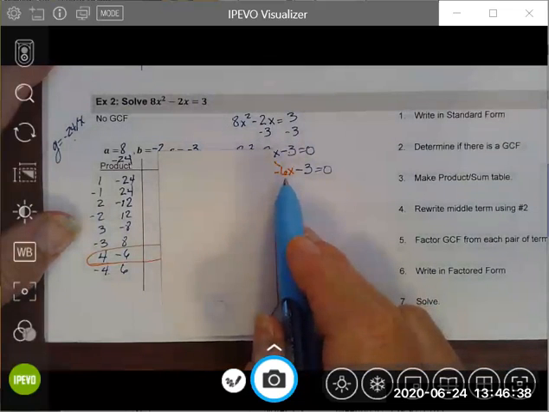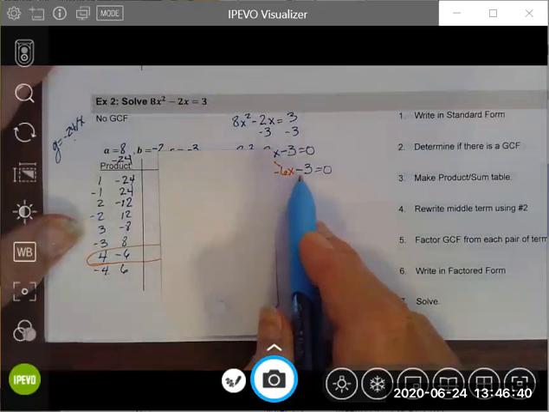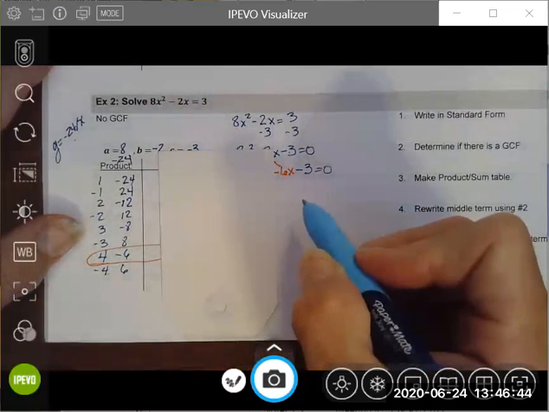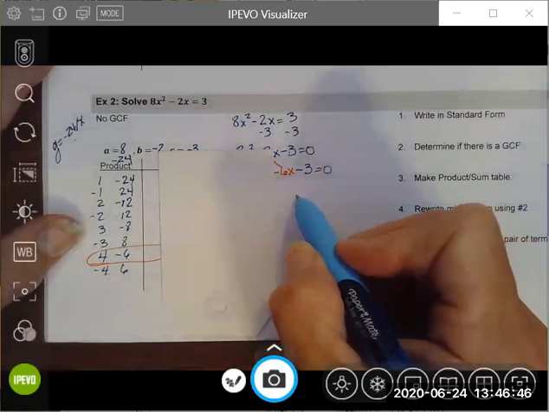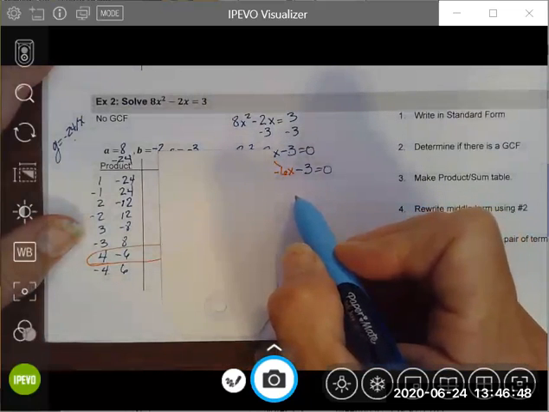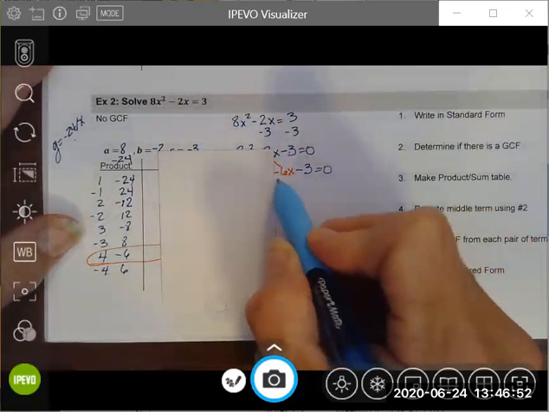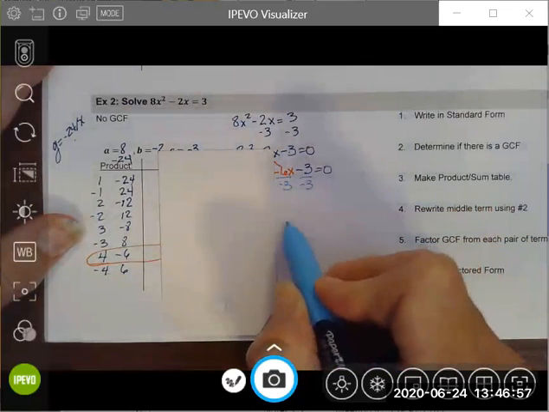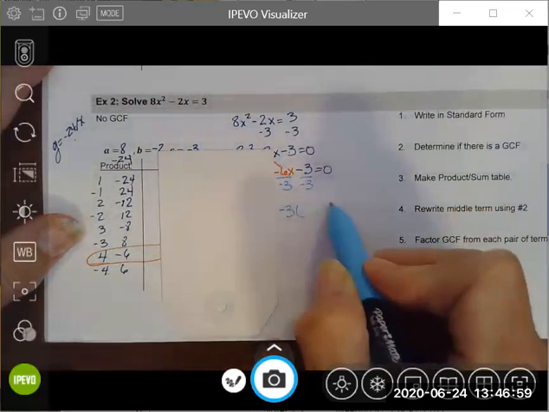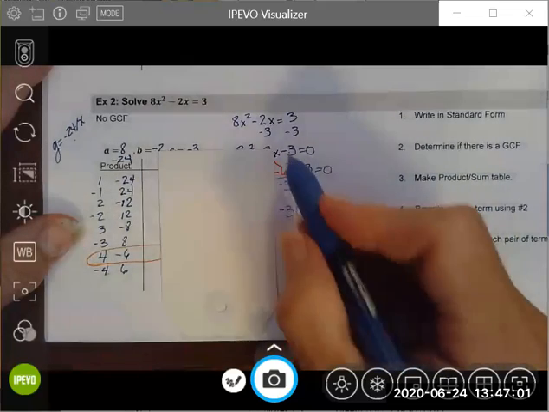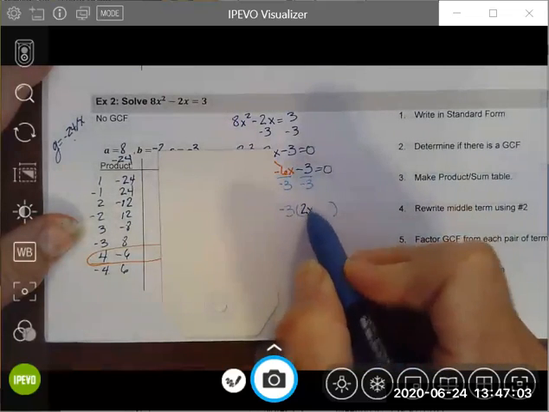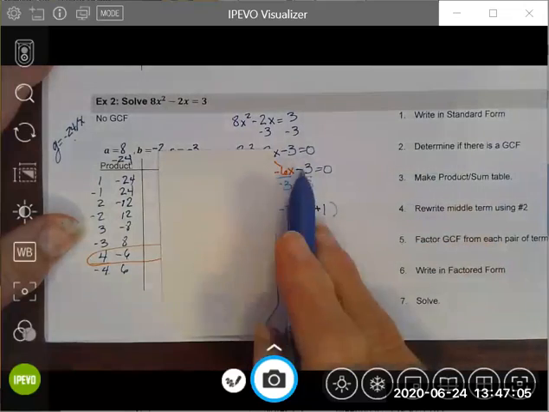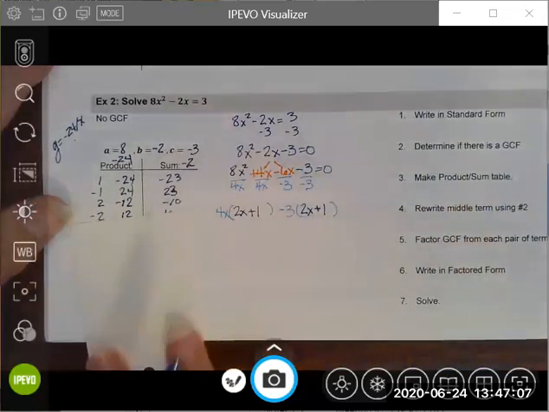I notice negative 6x and negative 3 both have a negative 2 in common. I'm sorry, negative 3 in common. Didn't sound right, so it took me a moment. So negative 3 is one of my factors, and after I do that division, I end up with 2x plus 1. Negative divided by negative is positive.